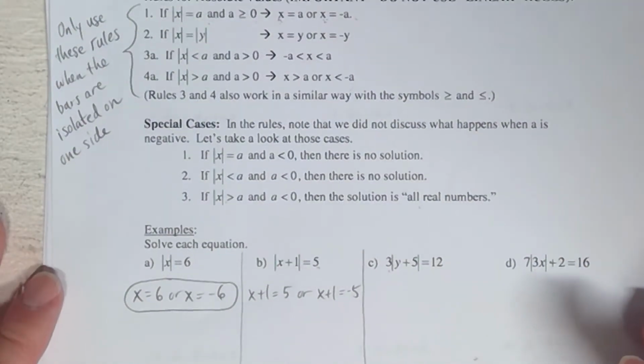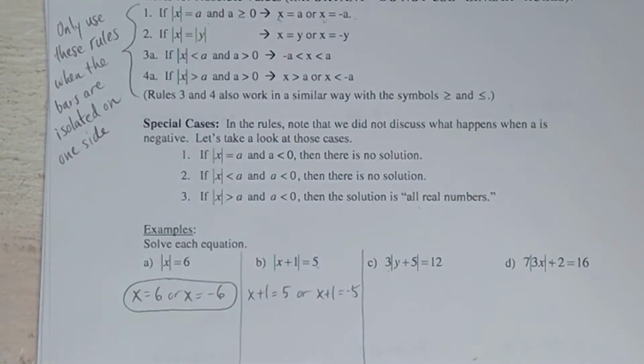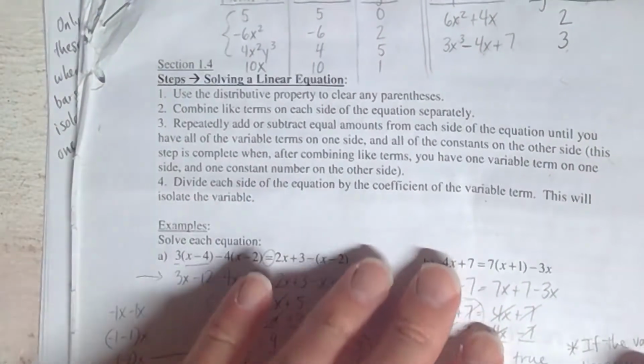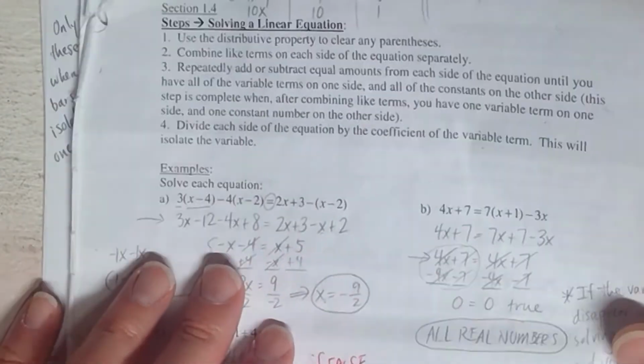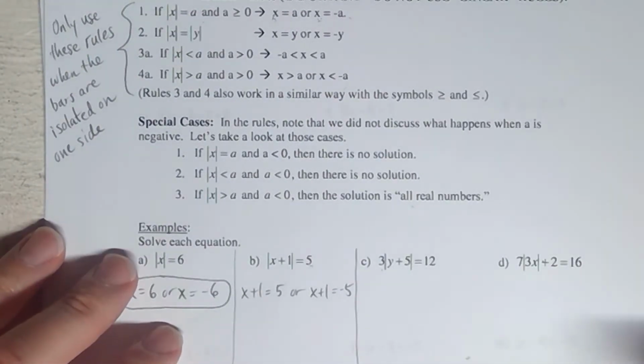They look like normal linear equations like we've been solving all the way back in the very first section, when we solved the linear equations, and we've seen other types as well. The one variable equations that you have to solve, this is no different than that. Getting x by itself, just like that very first section, 1.4 that we did this semester, okay?